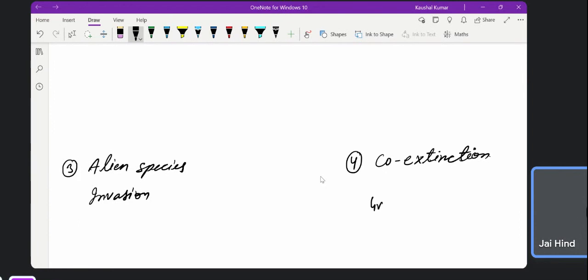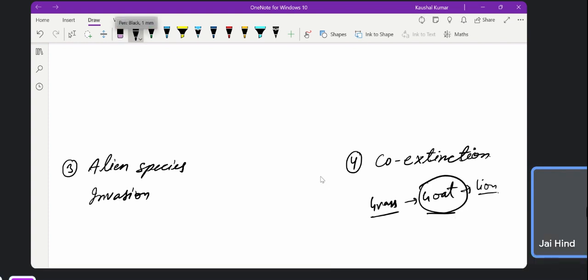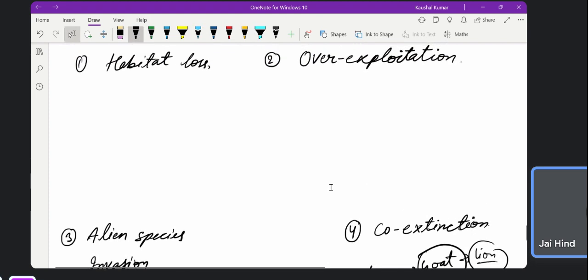If the grass is not there, the goat will not be there. If the goat is not there, then the carnivores, suppose I give the example of lion, the lion will not be there. This is what causes co-extinction. If one becomes extinct, another will automatically become extinct. Actually, the higher trophic level organisms are more affected by this. So this is co-extinction. We can see an example.